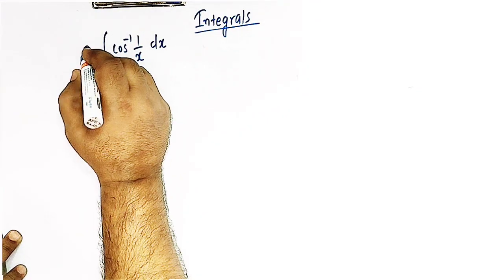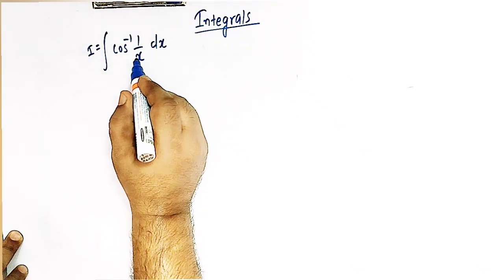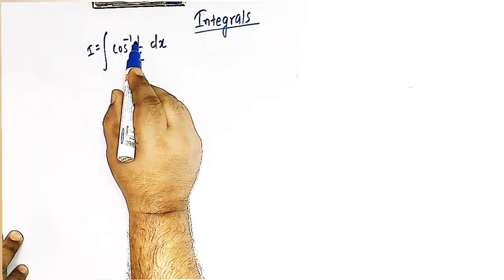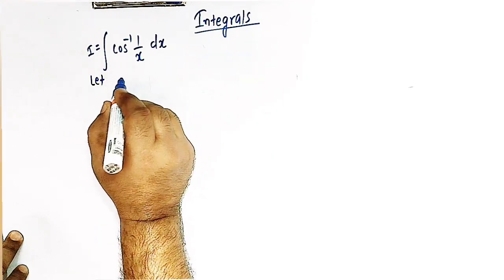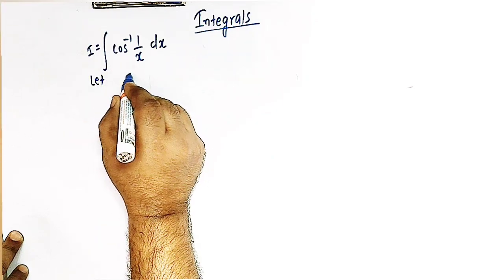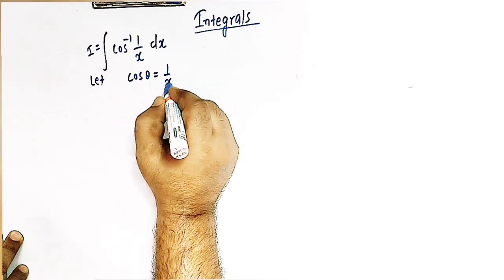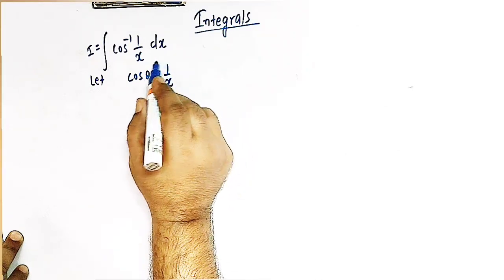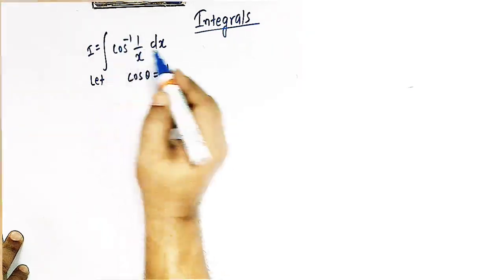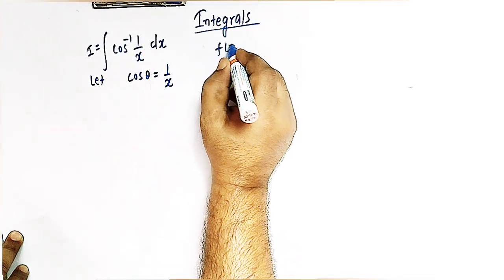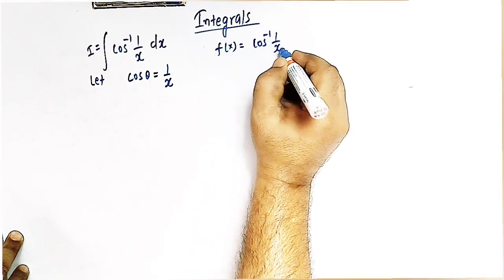So let us call this integral I, and here we have cos inverse of 1 over x. Let us make this substitution, that is cos theta is equal to 1 over x. Why have we taken this substitution? Because our integrand, say f of x, is cos inverse 1 over x.